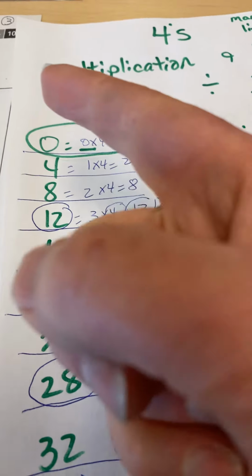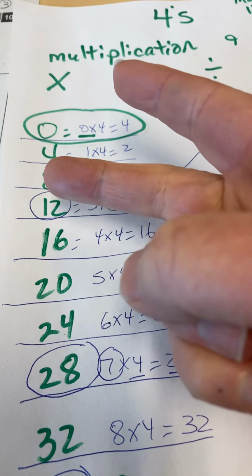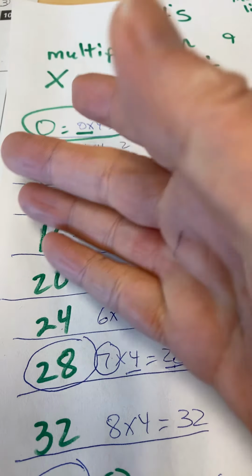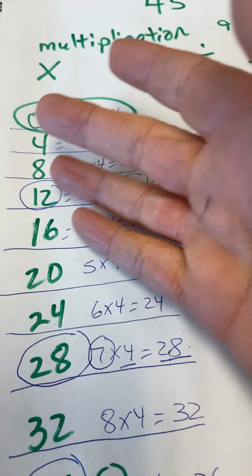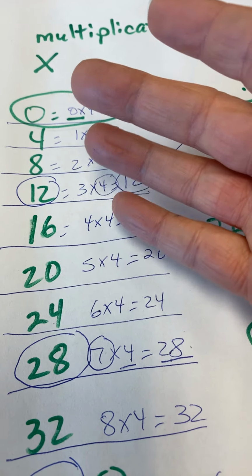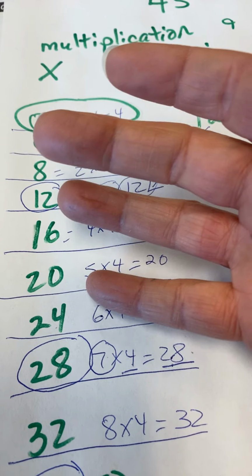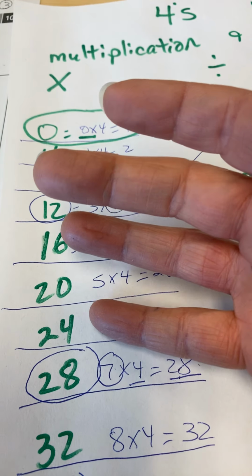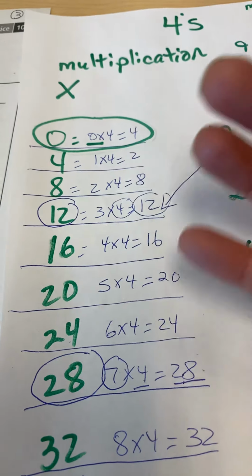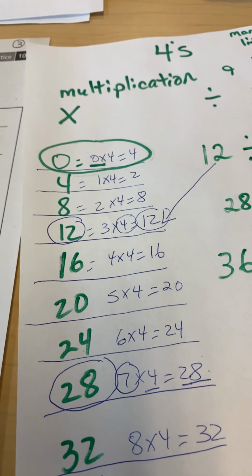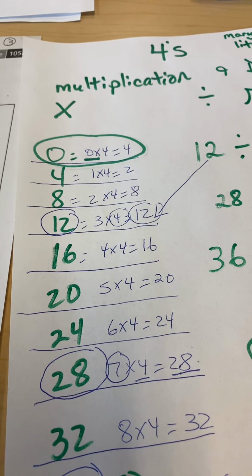0, okay, I'll show it. 0, 4, 8, and 12, 16, 20. So 5 fingers, there's the 5. 5 fingers is 20. But if I had 2 more fingers, 24, 28, that would be 7 fingers. That's one of my ways that I've done this.